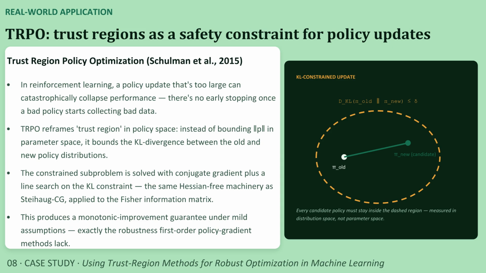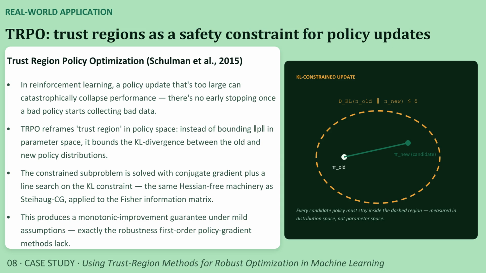TRPO's insight was to reframe trust region in policy space. Instead of bounding the size of a parameter step, it bounds the KL divergence between the old policy and the new candidate policy, shown here as the dashed region in distribution space, not parameter space.